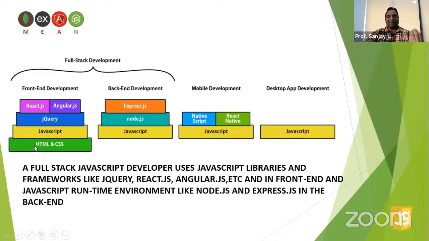So basically, HTML and CSS are not going anywhere. They are going to be there. But when we talk about designing the front end, that is the structure, it will use React.js, Angular.js, jQuery, and JavaScript. Then in the back end, it is going to use Express.js and Node.js, and everything is JavaScript, as you can see here.